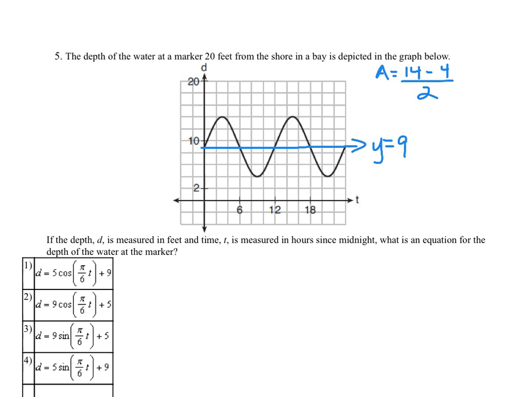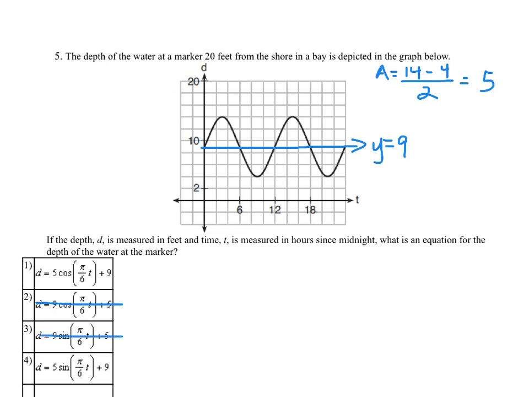Maximum minus minimum divided by 2. Okay, so when I do that, I get 5. So then I know that my answer can't be choice 2, and it can't be choice 3, because their amplitudes are 9.